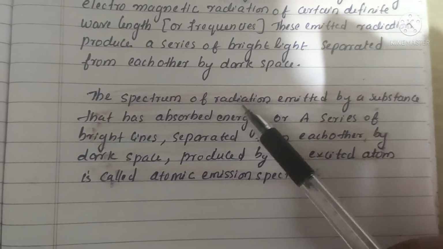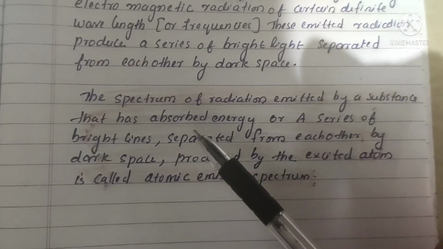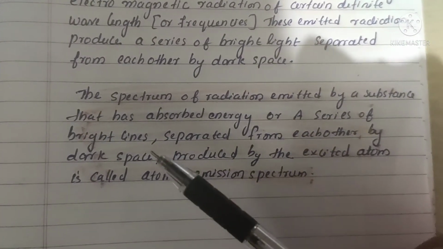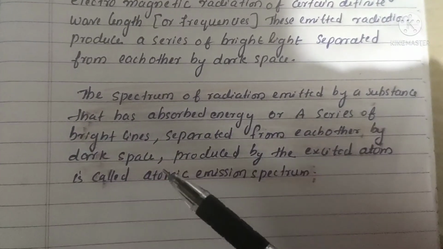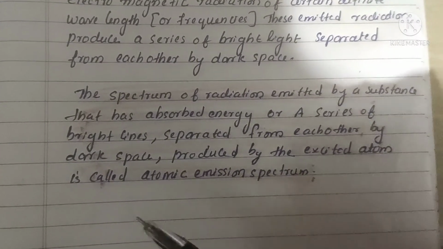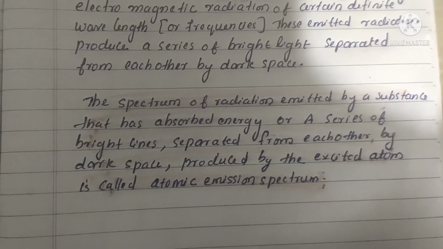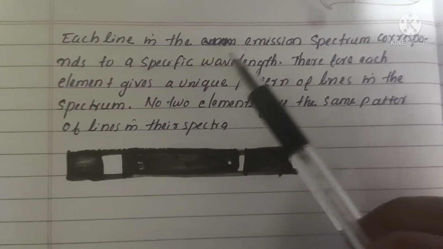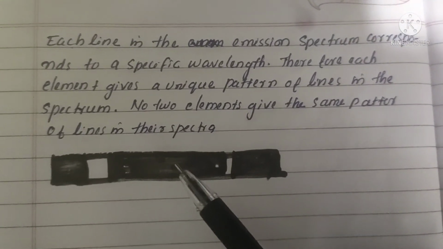The spectrum of radiation emitted by a substance that has absorbed energy, a series of bright lines separated from each other by dark space produced by excited atoms, is called an atomic emission spectrum. Each line in the emission spectrum corresponds to a specific wavelength.